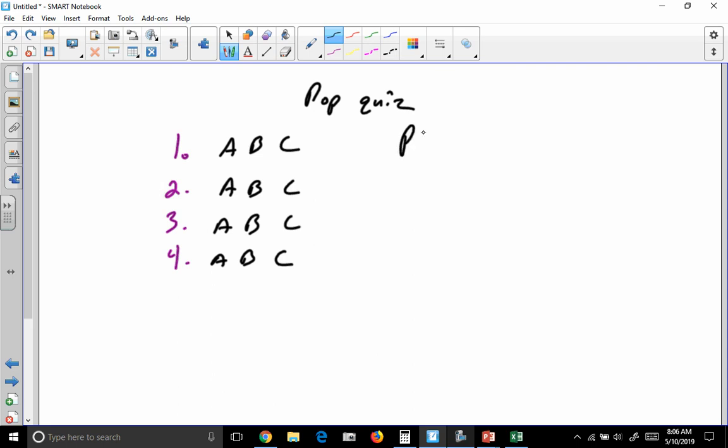We want to find the probability of getting 4 correct. What is the probability of getting 4 correct?